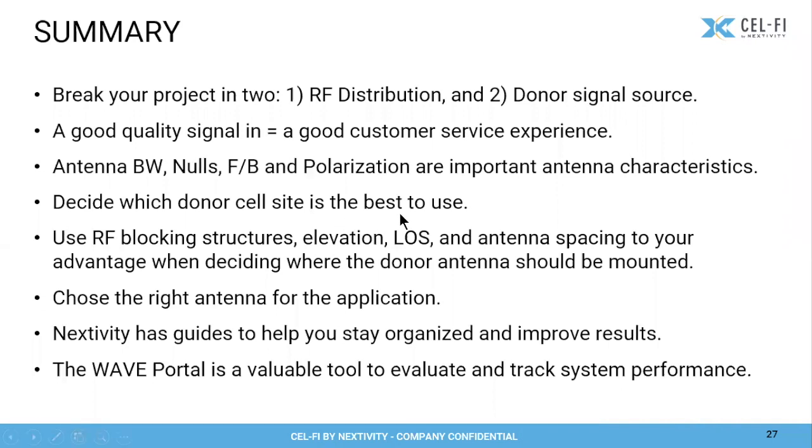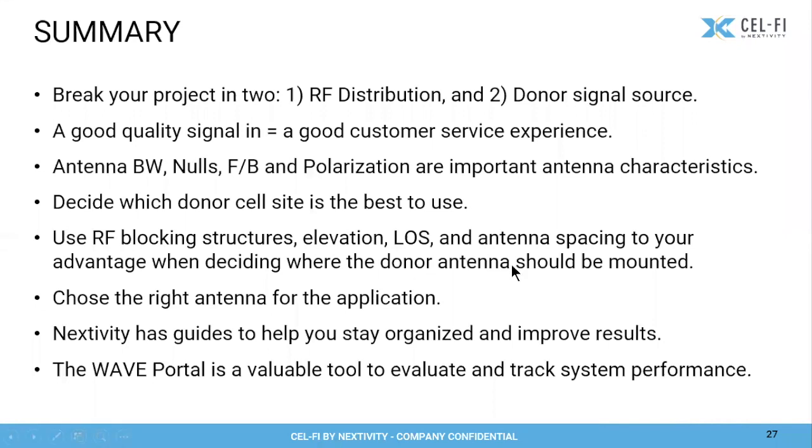We talked about which donor cell site was best based on the PCI and speed tests, to help you choose the right donor signal to target in the first place. And we talked about using the building itself to block interference, having the lowest elevation possible, and still seeing your target cell site from a line of sight perspective.